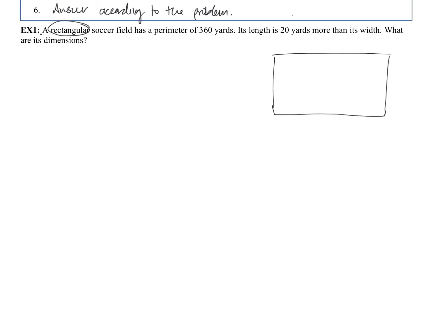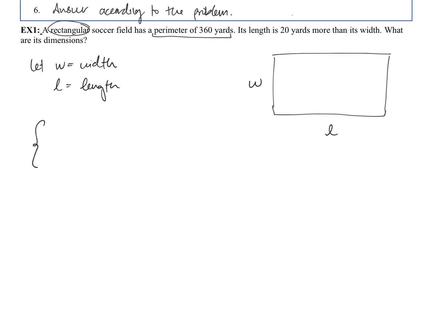So we don't know what the dimensions are, so I'm going to go ahead and say, let W equal width, and let L equal the length. So we know that this is W, and this is L. So now we need to create two equations because we have two variables. Let's go ahead and set up our system. So what are we given? Well, we're told about the perimeter, right?